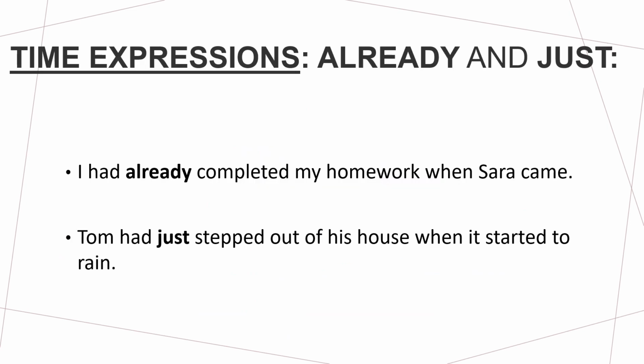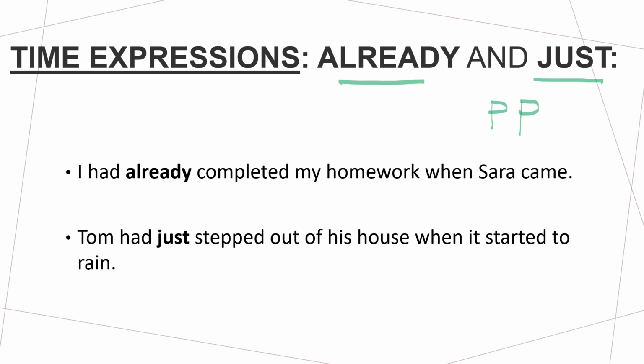So what should we do when we are talking about time expressions such as already and just? In this situation, most often we use past perfect tense just to emphasize the event that occurred first.